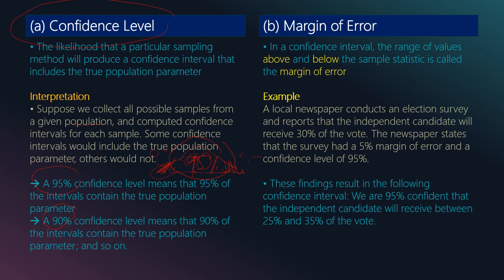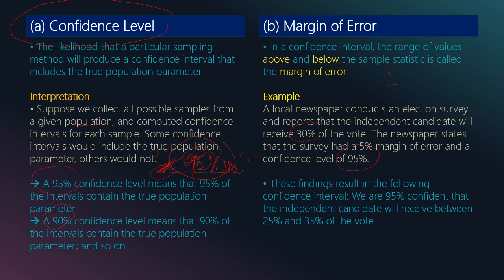And then margin of error in a confidence interval, the range of values above and below the sample statistics is called margin of error. Jadi setiap bacaan dia ada plus minus dia. Sebagai contoh, local newspaper conducts an election survey and reports that the independent candidate will receive 30% of the vote. Newspaper states that the survey had 5% margin of error and a confidence level of 95%.